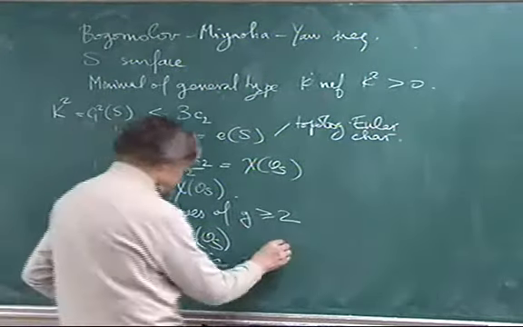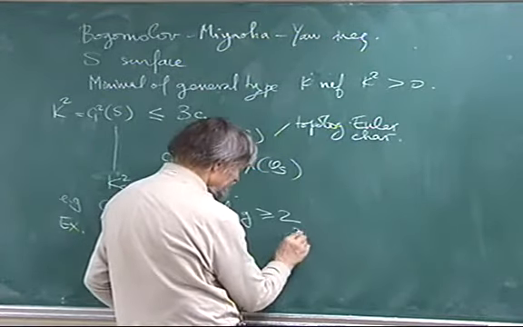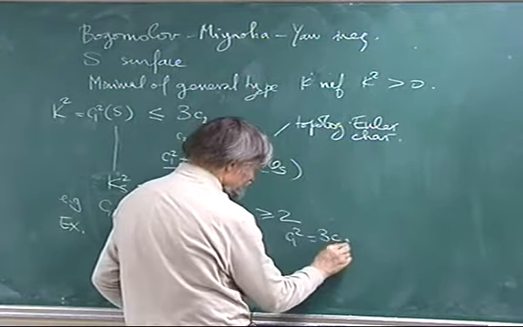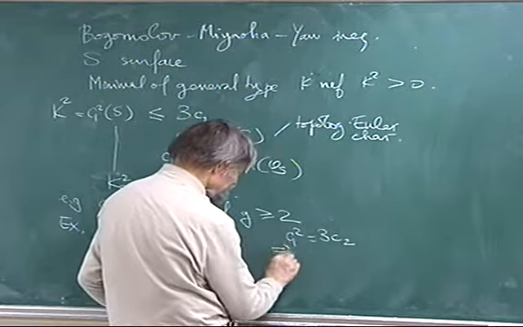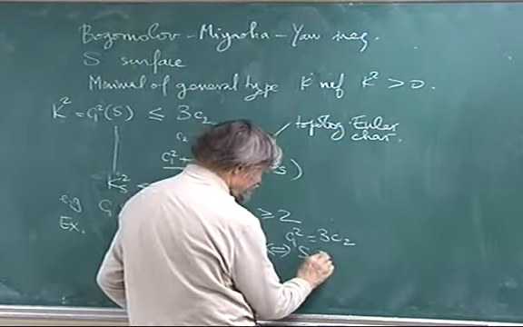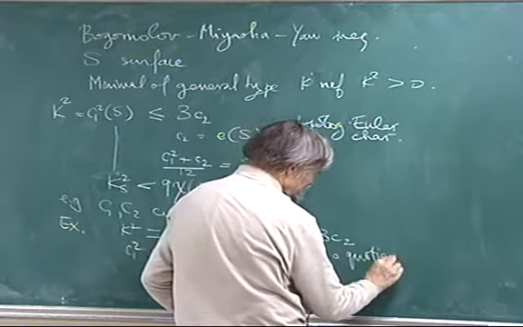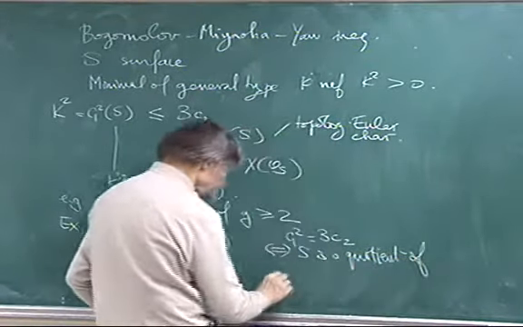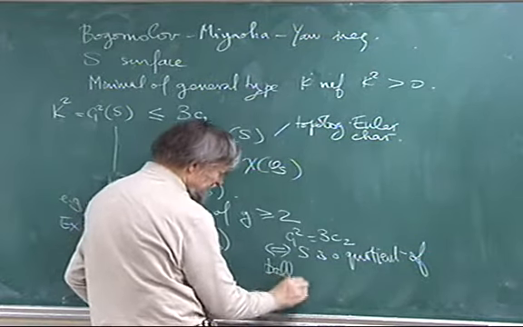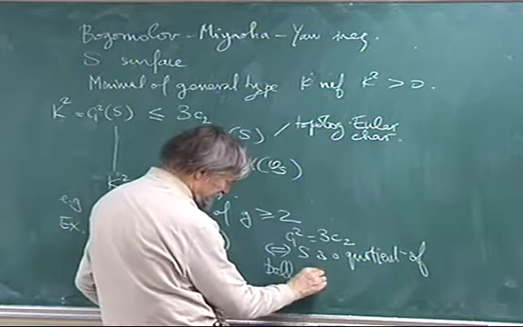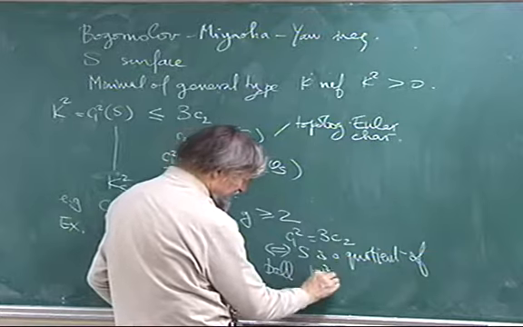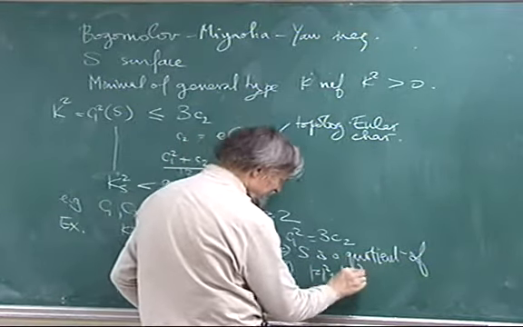It's known that C1 squared equals 3C2 if and only if S is a quotient of the holomorphic ball. So the holomorphic ball means Z1 squared plus Z2 squared less than 1.